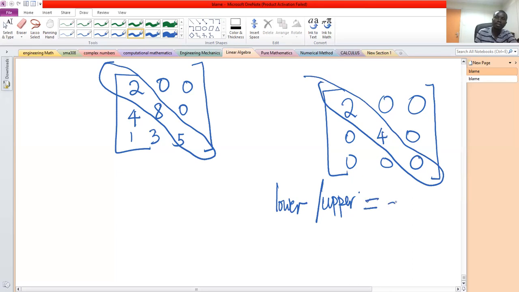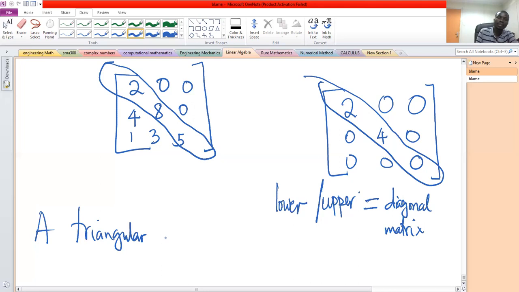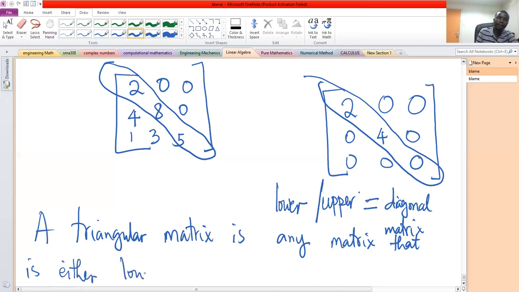So this is a diagonal matrix. Generally, we say that a triangular matrix is any matrix that is either lower or upper triangular, or both.